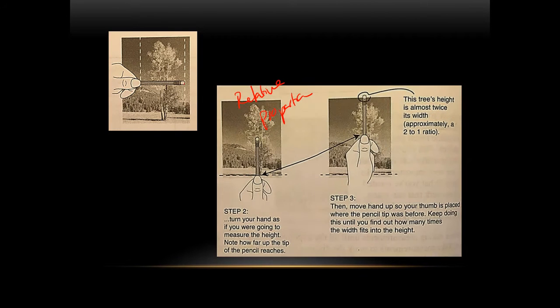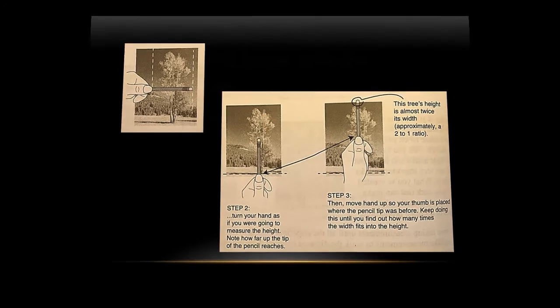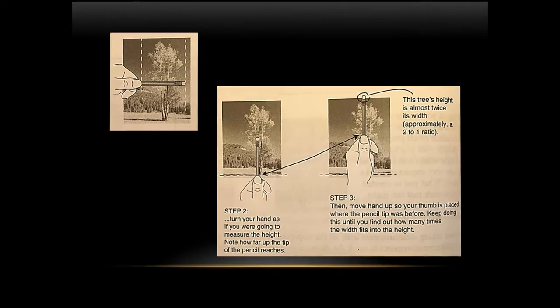And then you measure the height, and you say the height is about twice as big as the width. So this tree is about twice as tall as it is wide. So you know the ratio. Then you can just go with it. See.